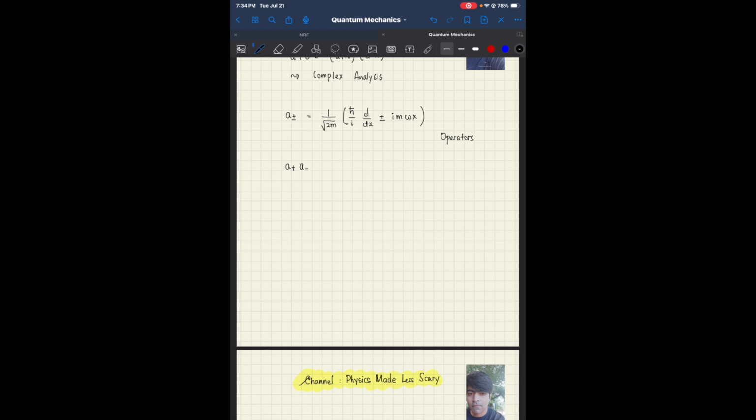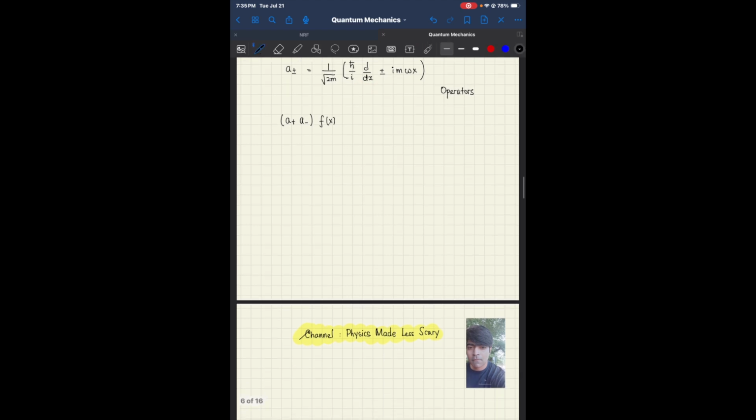Otherwise, d/dx itself doesn't make sense. df/dx makes sense, d/dx itself doesn't make too much sense. So the way of figuring out what this operator is, is to make it act on a function f of x. Okay, so let's figure it out.